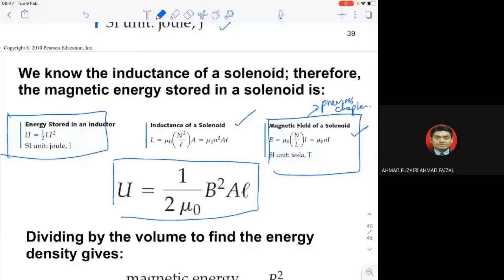Okay, doesn't matter, this will all be in the appendix, but you need to know how to use these equations. How to use these equations is much more important. But normally just use half Li squared. Half Li squared will be used regularly.